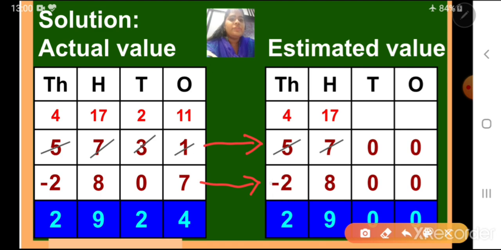So children, after subtracting, we will get the estimated value as 2900. Here you can see the actual value is 2924 and the estimated value is 2900.